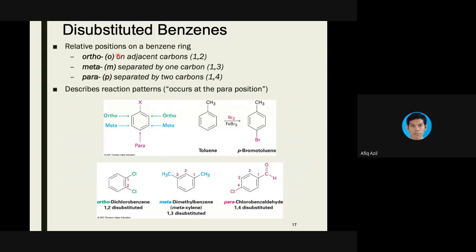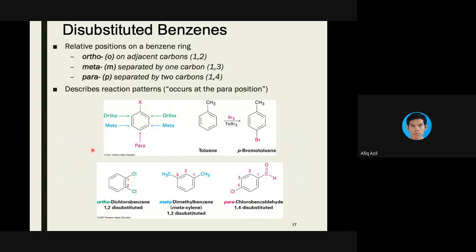The first one, ortho, can only be used if you have substituents on adjacent carbons, which is carbon number 1 and carbon number 2. Example, here you have chlorine on adjacent carbons, side by side. It doesn't matter the position. As long as it is side by side, you can use the prefix ortho, dichlorobenzene, so that it is known that the positions are at carbon number 1 and carbon number 2.